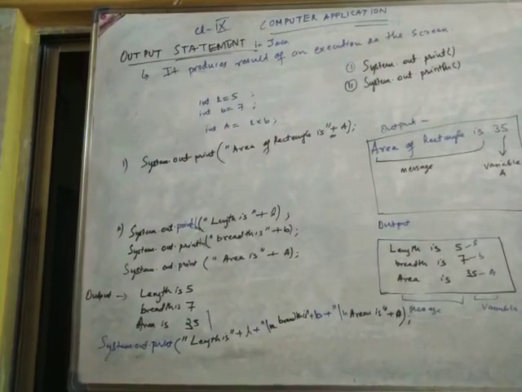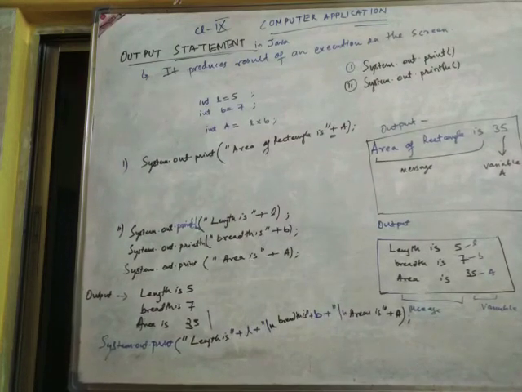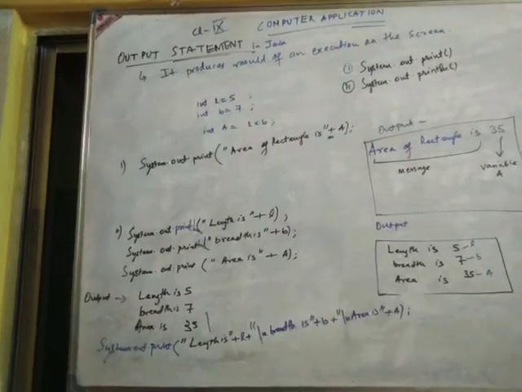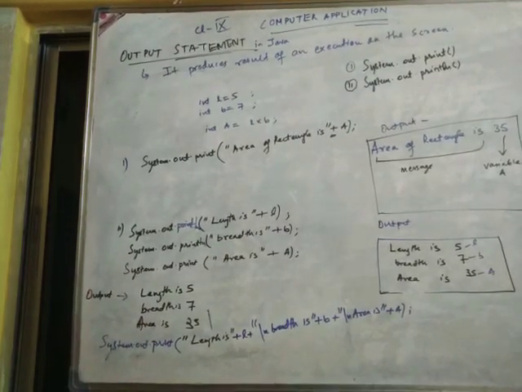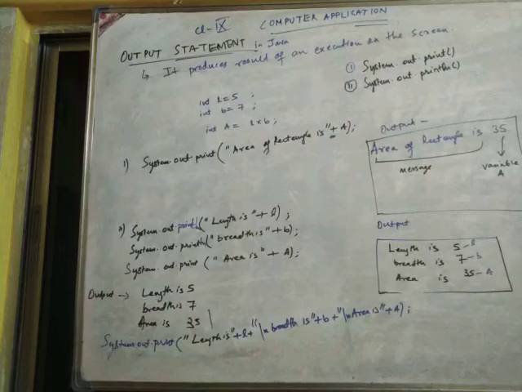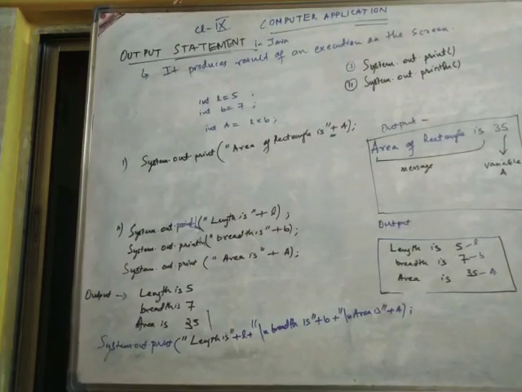Again \n. And whenever we have a message and a variable, we put a plus sign in between them. The message is in double quotation marks. So now you can see clearly: "length is" plus L \n, "breadth is" plus B \n, "area is" plus A. Whenever \n is encountered, the cursor moves to a new line.